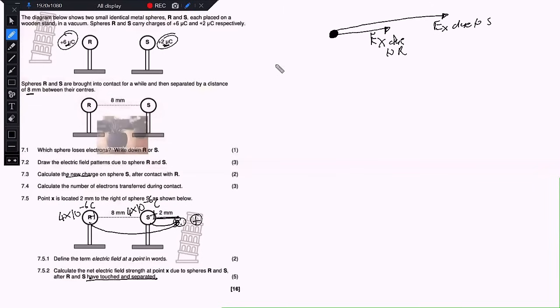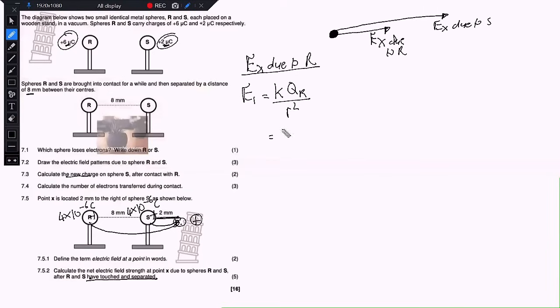So, okay, that means in order to calculate this, let's start by saying, let's calculate E of X due to R. And then we're going to say E, let's name it E1. Then this will be KQ_R over r squared.